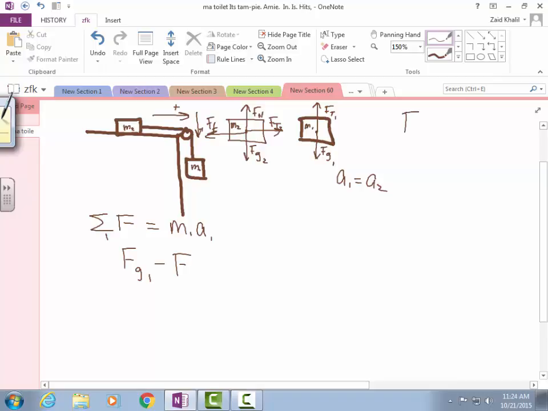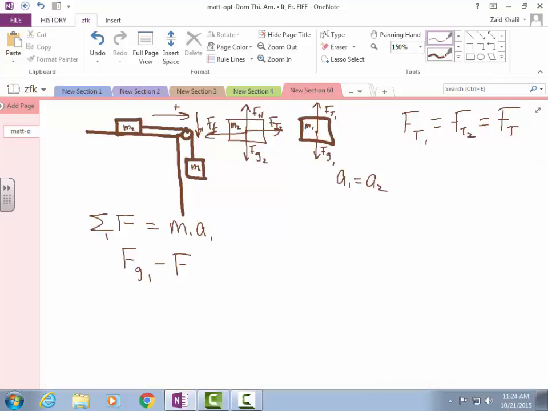And little heads up, what can we say about Ft1 and Ft2? They're equal. Why? Why are they equal? What is this? String's massless and pulley's massless. So Fg1 minus Ft equals M1A1.